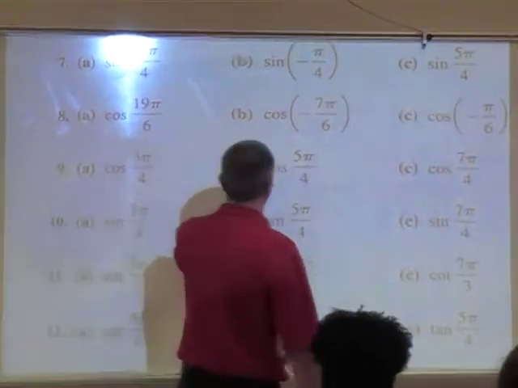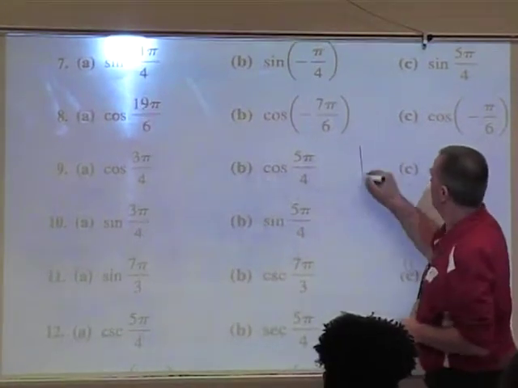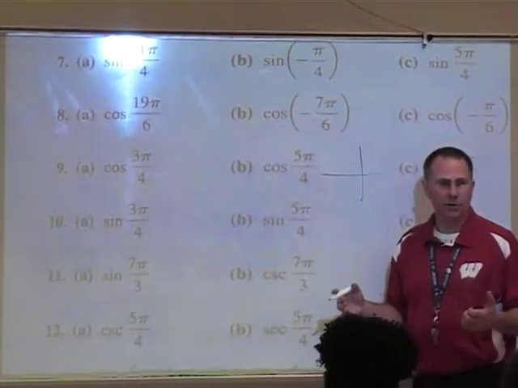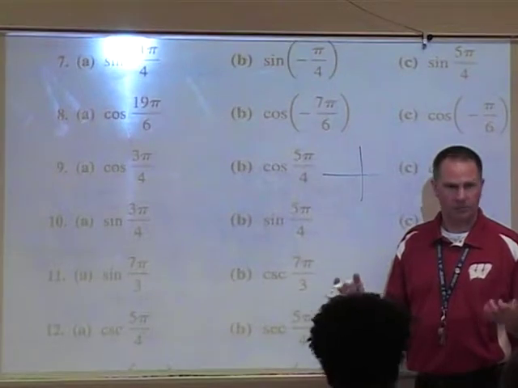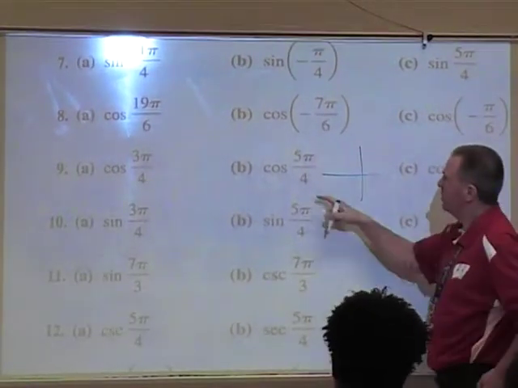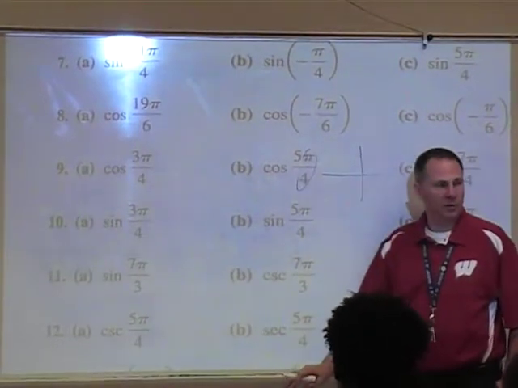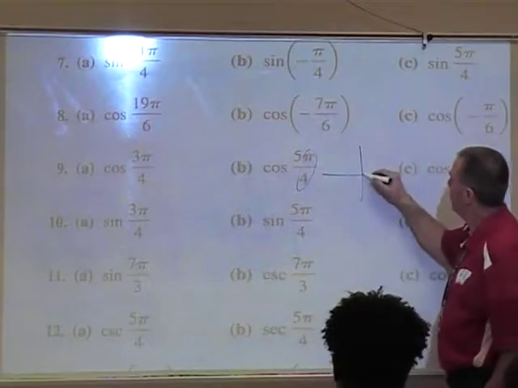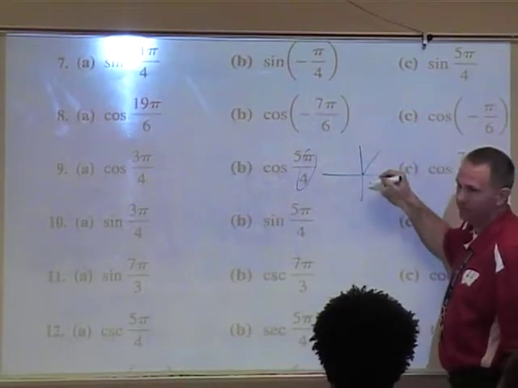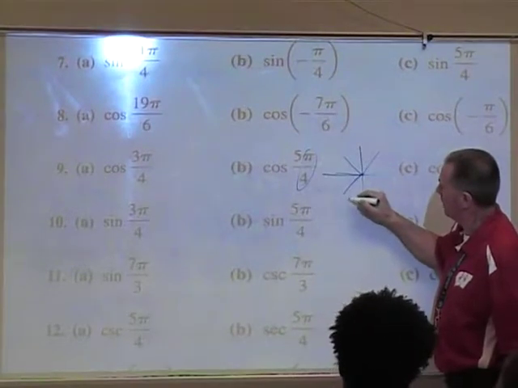Let's just go ahead and try cosine of 5 pi over 4. So, again, how many circles have we drawn this week? A lot. You should all be drawing circles on all these. So 5 pi over 4. It is a pi over 4 reference, which is how many degrees? 45. So 1 pi over 4, 2 pi over 4, 3 pi over 4, 4 pi over 4, and 5 pi over 4.